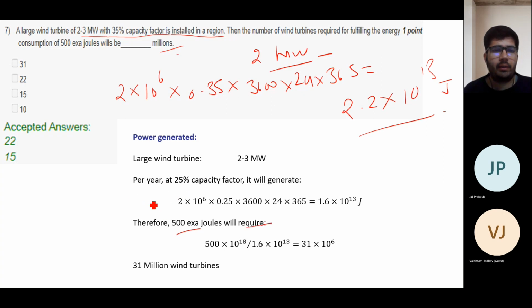So just divide this 500 into 10 to the power 18 by 2.2 into 10 to the power 13.